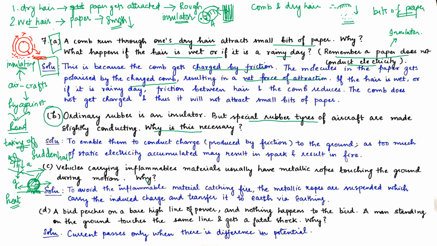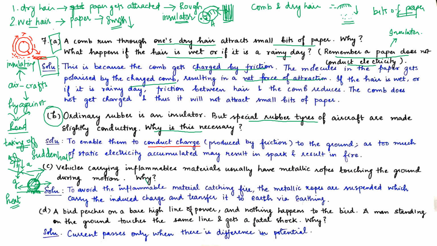So let's go through the solution. To enable them to conduct charges, we are just providing a little conduction to the rubber tires. First, where to conduct charges? Throughout the surface of the tire and then from the surface of the tire to the earth.